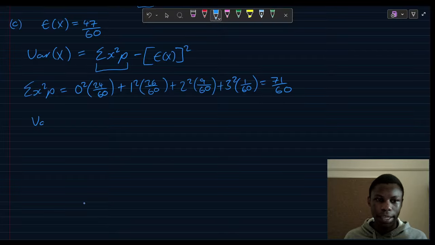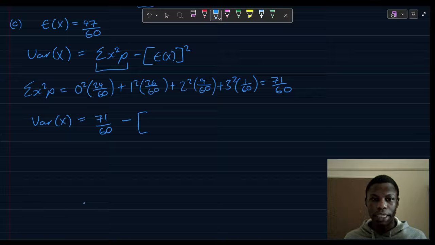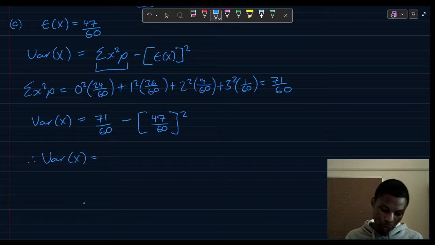And so we have that var of x is equal to 71/60 minus our expectation of x, 47/60, and this is squared. So if we punch this into the calculator, we have 71/60 minus 47/60, and this is squared.